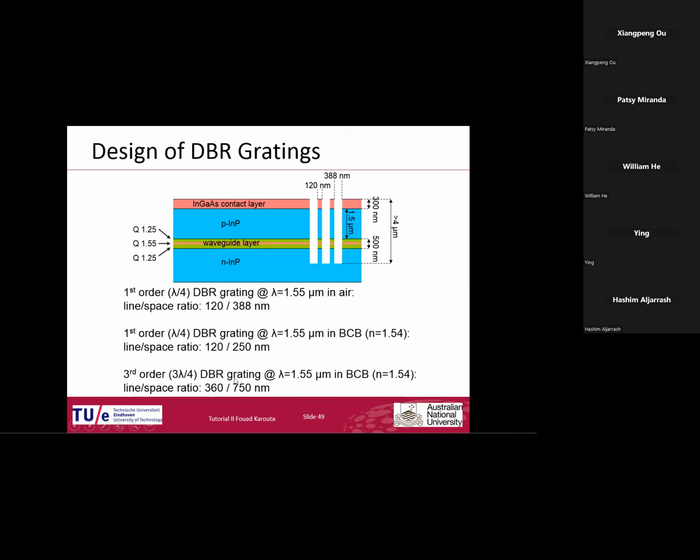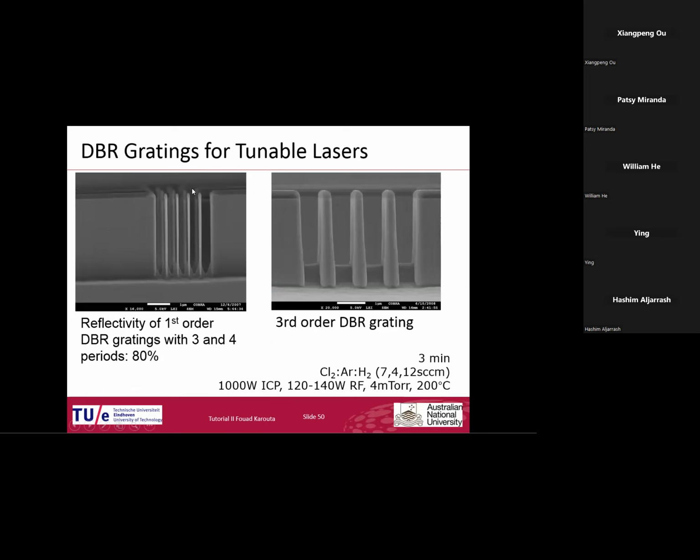Third order DBR has a larger gap, so it is easier to achieve in deep etching. Here is a photo of a first order DBR grating, and we did manage to get quite deep etching and quite vertical. But third order was a bit easier.